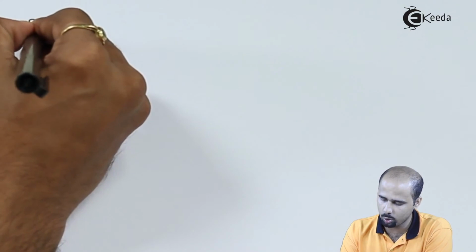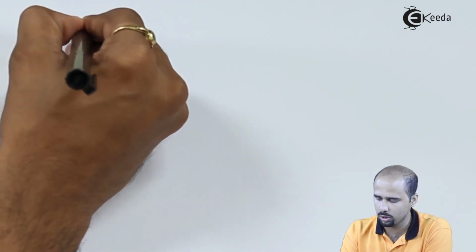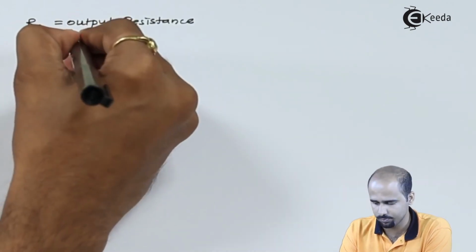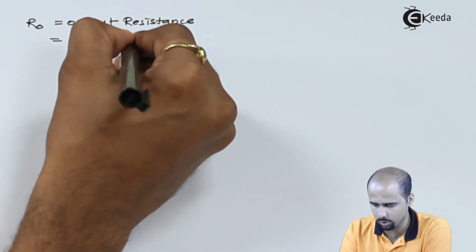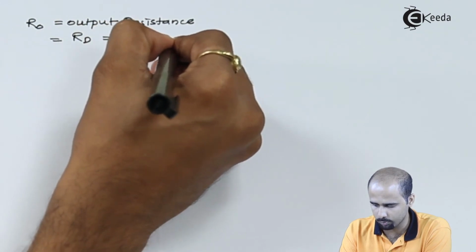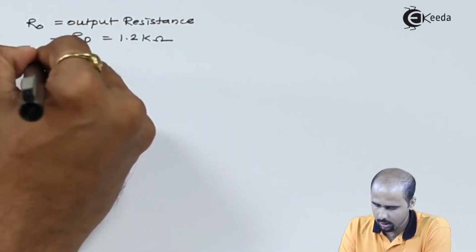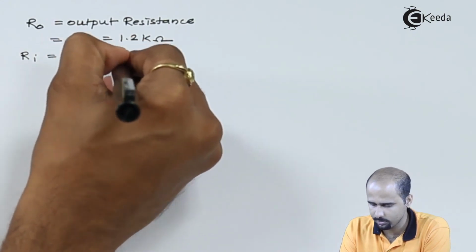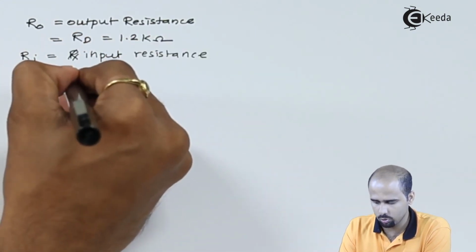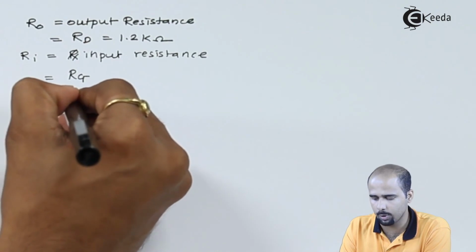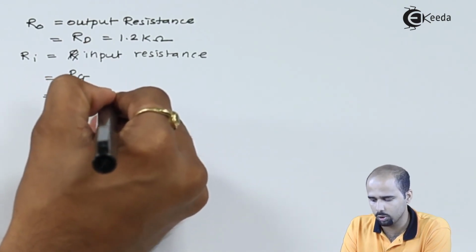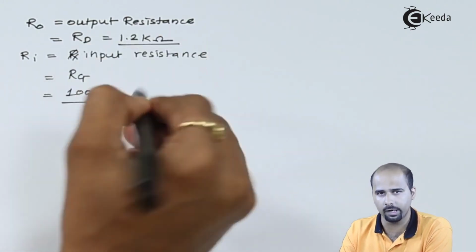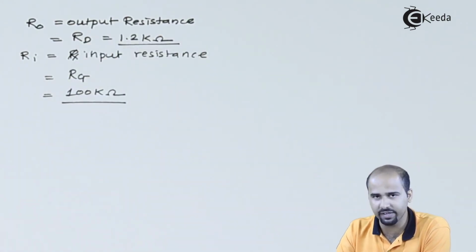So Ro, the output resistance, is equal to Rd, which is 1.2 kilo ohm. Ri, the input resistance, is equal to Rg, which comes out to be 100 kilo ohm, which is given. So this is the second and third finding, and we have completed all findings.